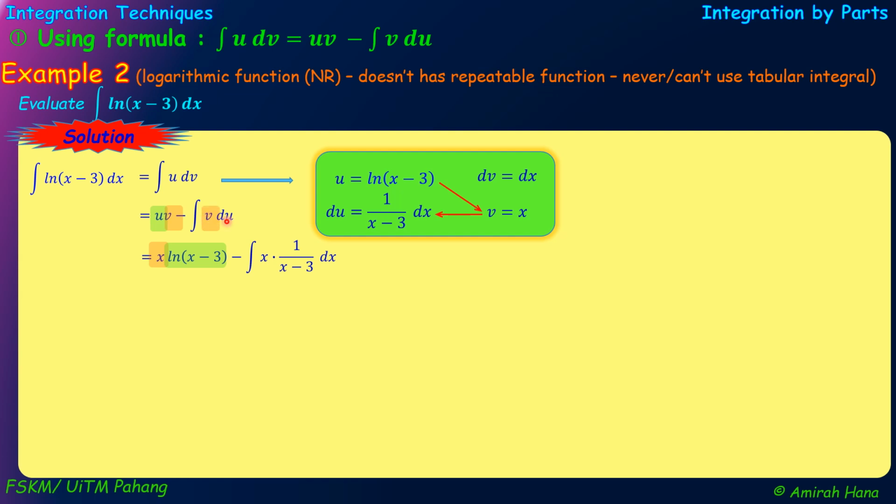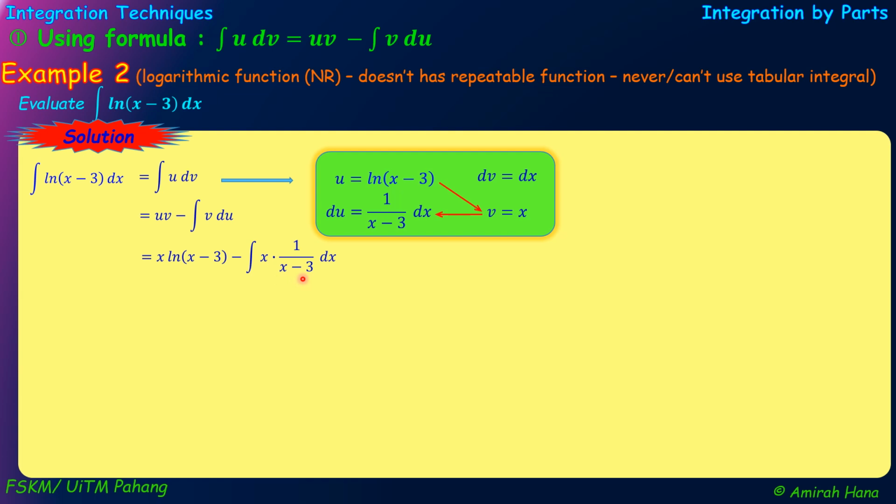And then we replace v equals x, and we replace du equals 1 over x minus 3 dx. After that, we cannot simplify the x and the x in the denominator here, because in the denominator we have x minus 3.